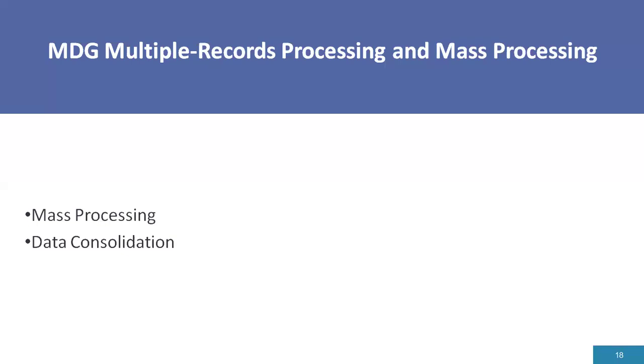So what is data consolidation? Data consolidation is for mass data creation, and mass processing is for mass data change. Again, with appropriate hands-on, because it requires a lot of configurations involved. With the appropriate configurations, we will execute each case for data consolidation and mass processing.